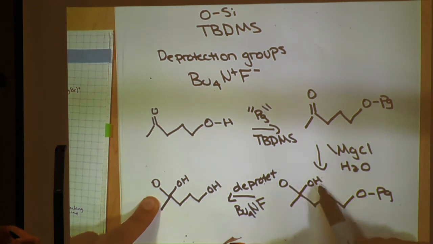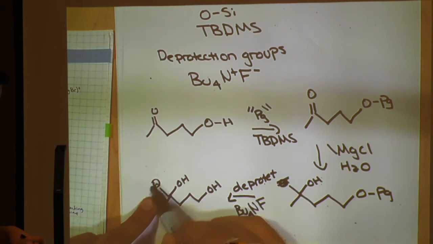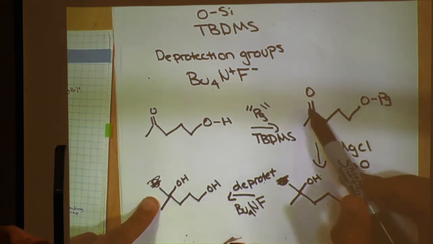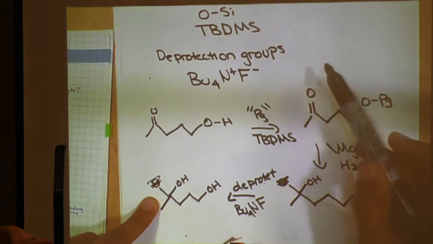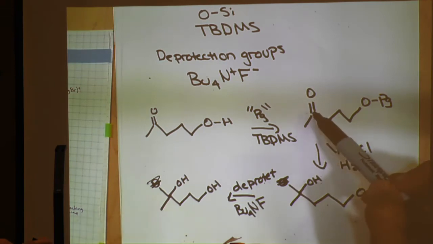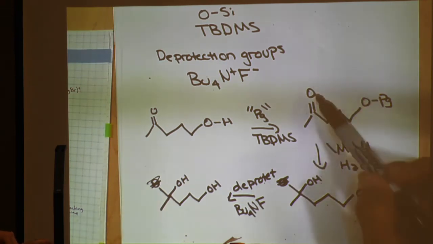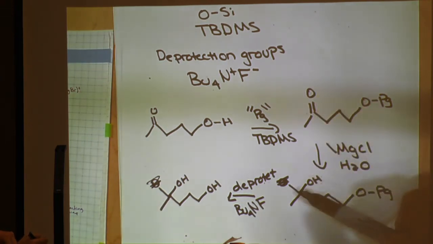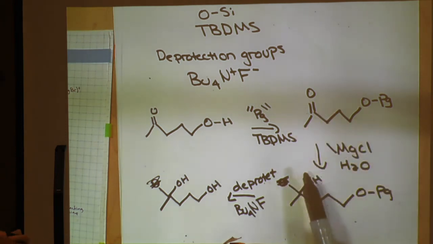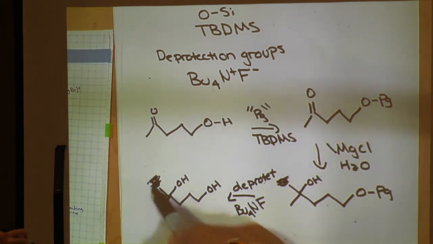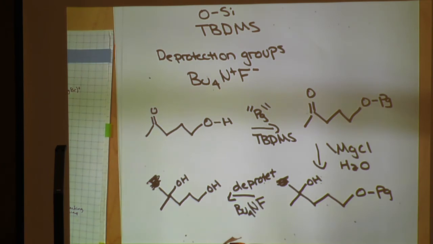Hold up. So essentially, this goes here because what happens is we do the shift up. The methyl adds from the magnesium chloride. Then we protonate with water, giving us the hydroxide. So yeah, I don't know why I put that O there. That is my bad, guys. But yeah, it's like that.